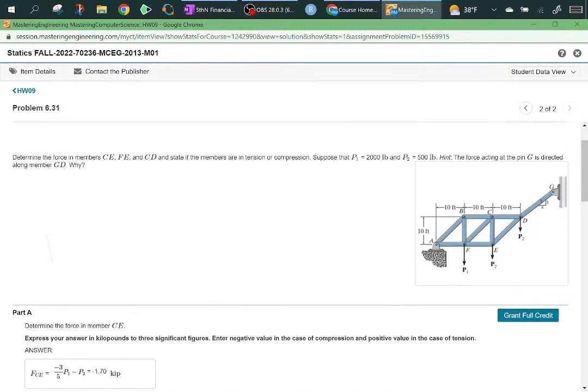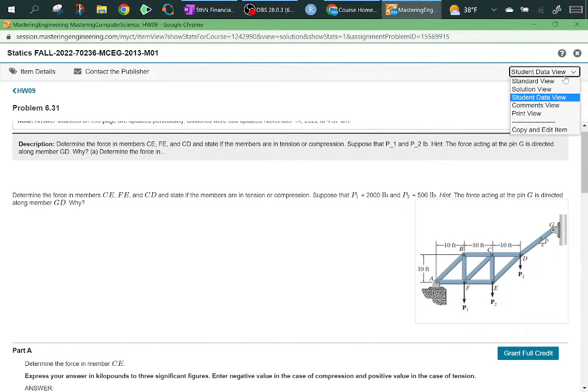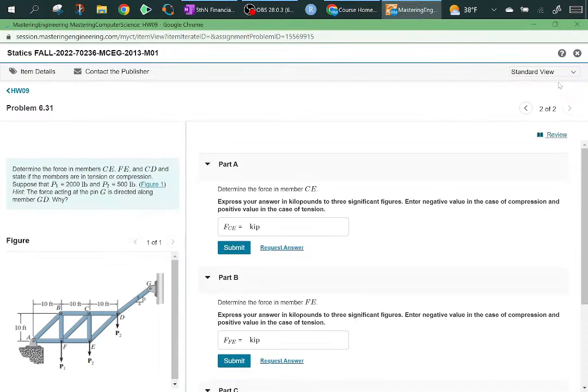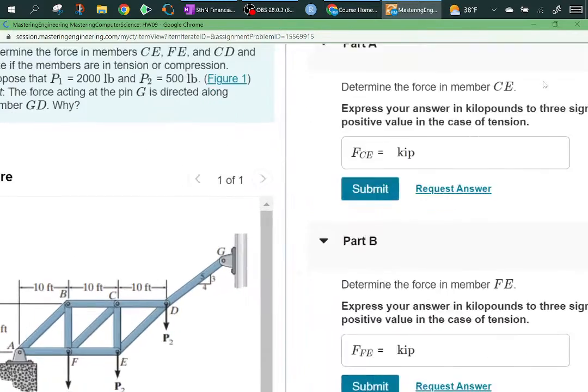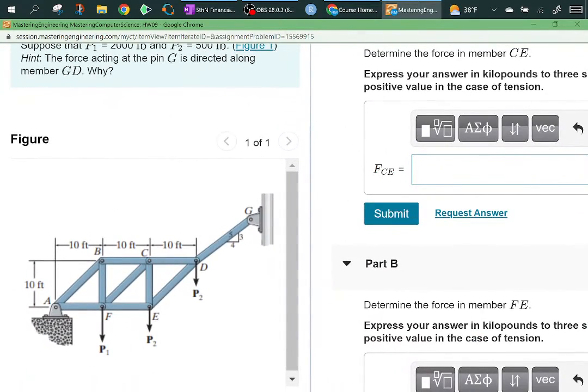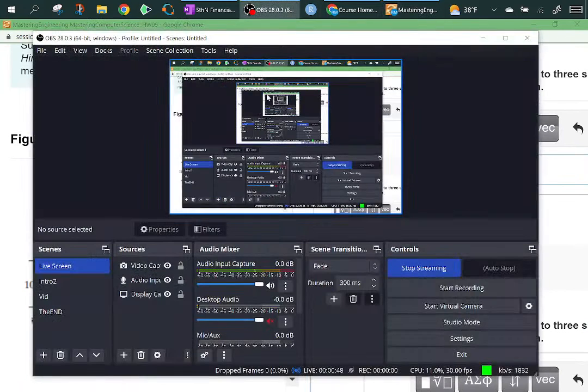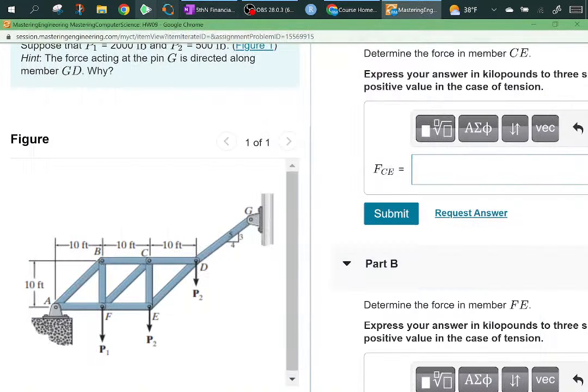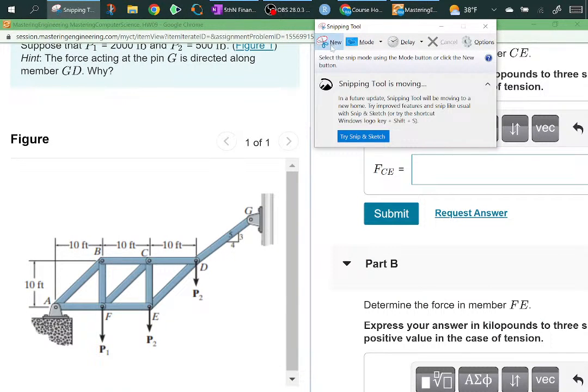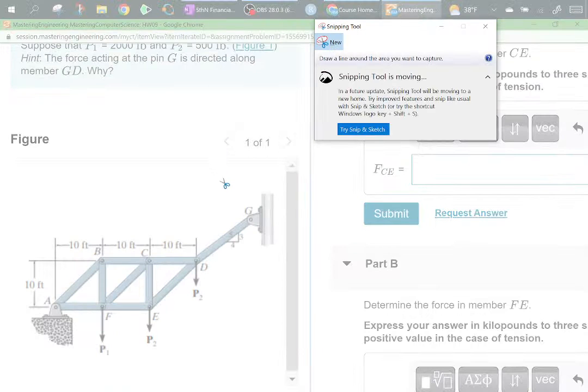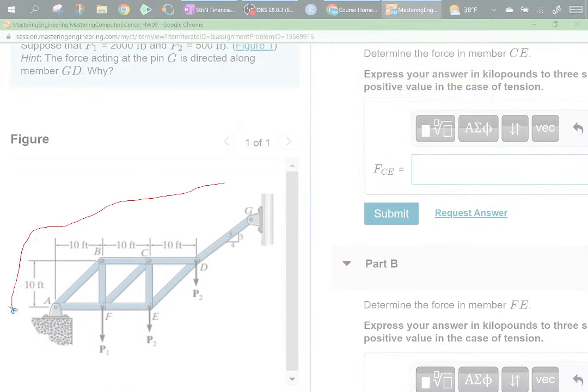Let's do this. Standard view. The picture might be bigger. I can't make the... oh, I can make the picture bigger. Okay, so let me grab. That's the wrong thing to grab. Oh no, I got the wrong kind of... well, as long as I don't let up on my mouse, it'll be okay.